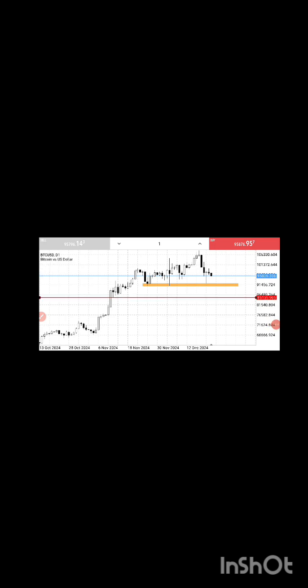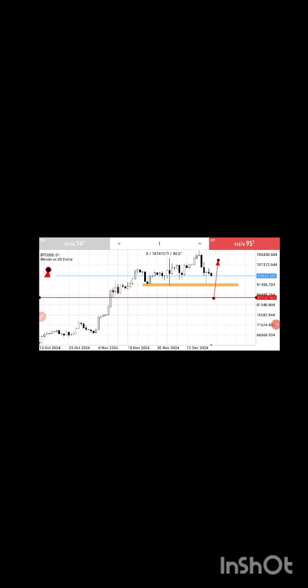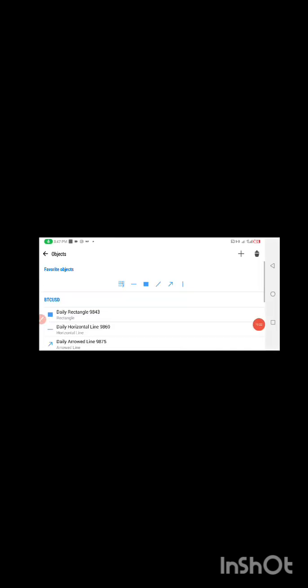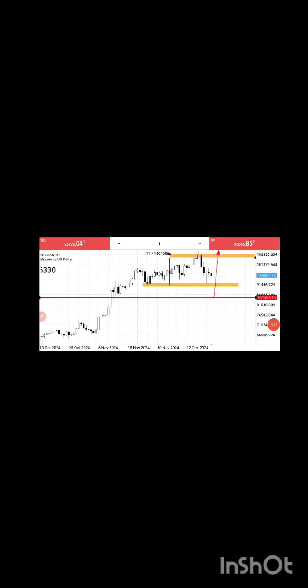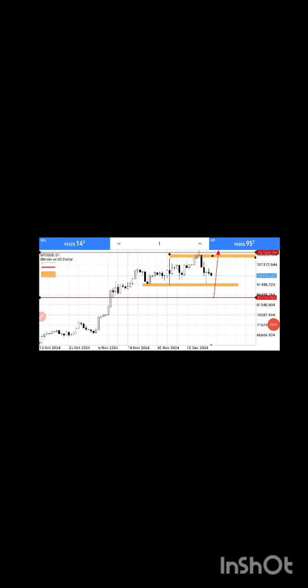It might come here, and then as it is approaching here, you start piling position, and you're going to hold this position long term until Bitcoin breaks out of this resistance, and that will be a price of 107,000. Okay, that's cool.